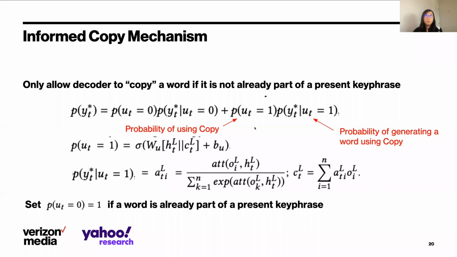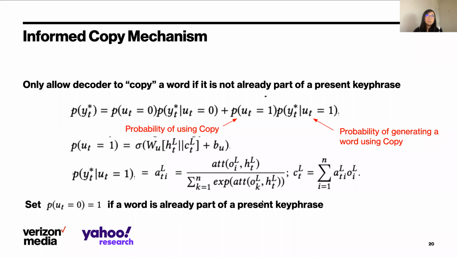And then the probability of using or not using copy is basically a sigmoid function based on the output of the transformer layer as well as a context vector. It's a concatenation of these 2, and the context vector is basically, as we see from here, a weighted average of all the outputs from the encoding layer for all the words in the input. And this together will give the copy mechanism.